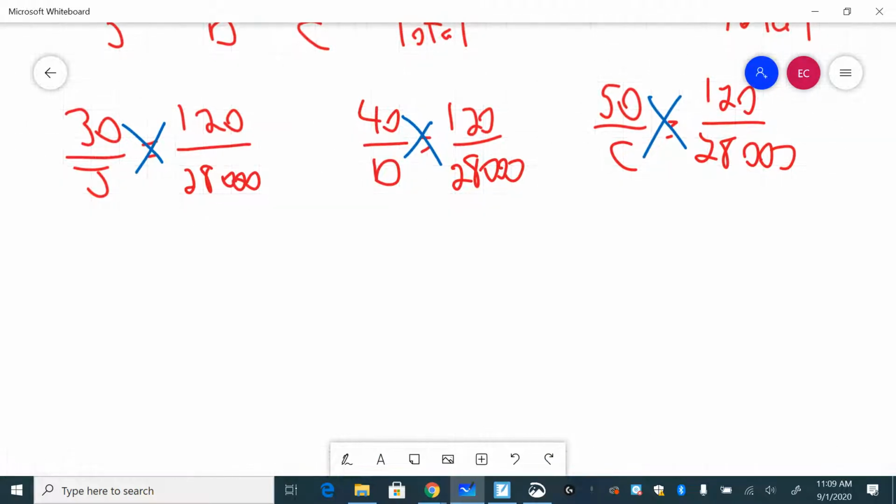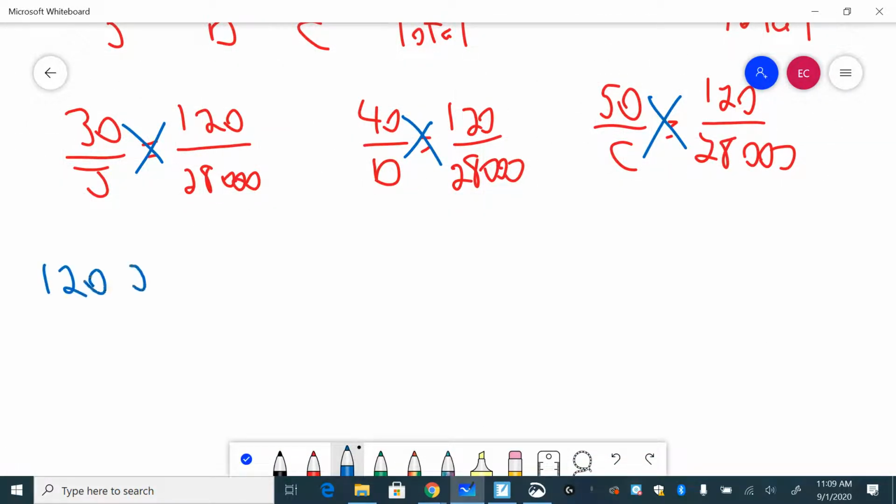Move it up. So we've got 120J equals 28,000 times 30, which is 840,000. Okay, I'll just do the next one. So 120 goes with D, and we've got 40 multiplied with 28,000.